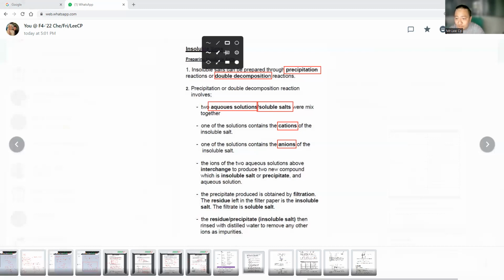For example, the cation of the insoluble salt and the anion of the insoluble salt. For example, we have Pb2 plus. Let's say for the anion we have CO3 2 minus, so that you will have a cation and an anion which form an insoluble salt.